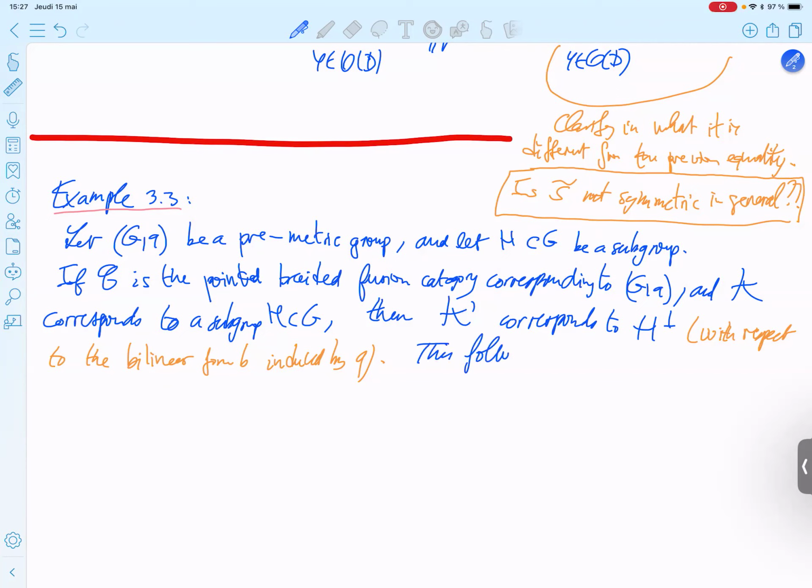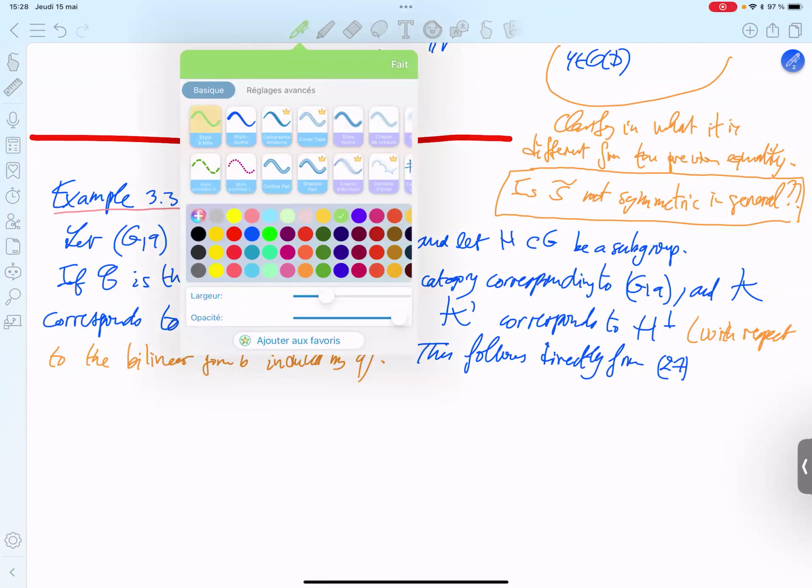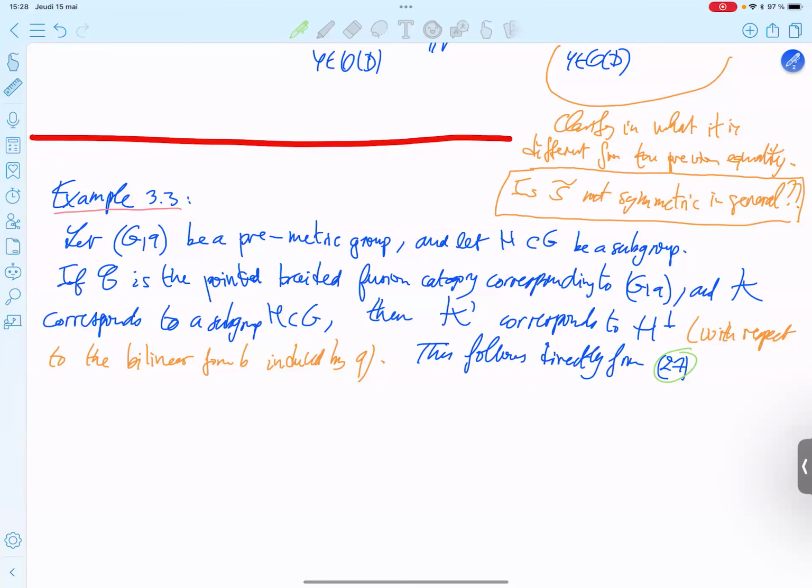This follows directly from equation 27, which is the following: the bilinear form is nothing but the double braiding.